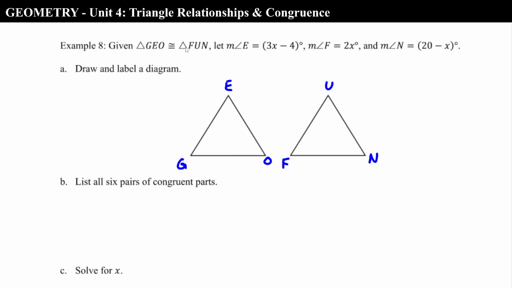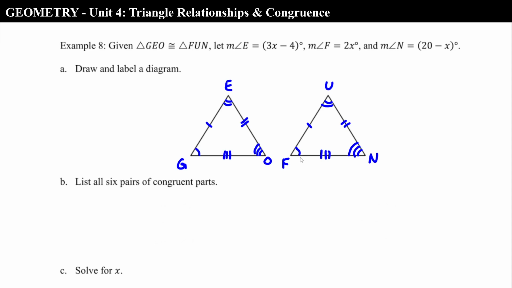So let's mark up our diagram. We know that angle G is going to be congruent to angle F, angle E is going to be congruent to angle U, and angle O is going to be congruent to angle N. We also know that GE is congruent to FU, EO is congruent to UN, and OG is congruent to NF.